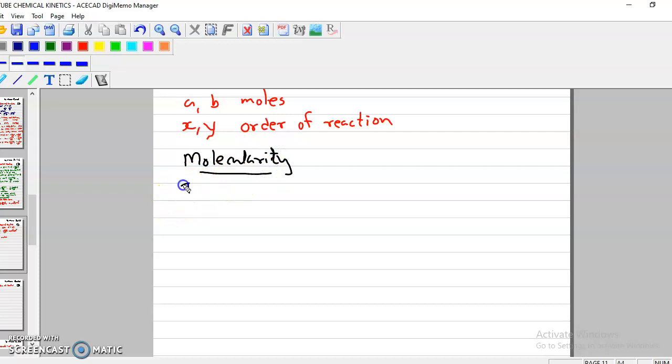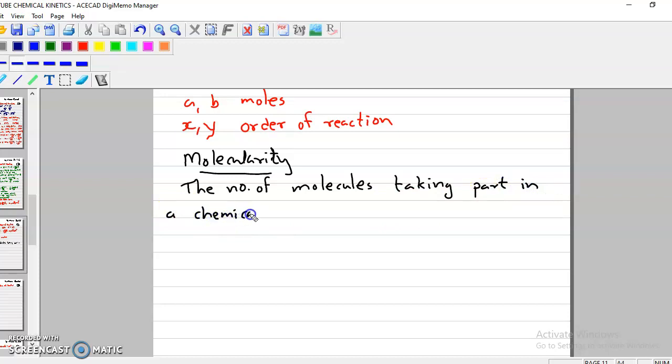Well, it is the number of molecules taking part in a chemical reaction. This is known as molecularity.